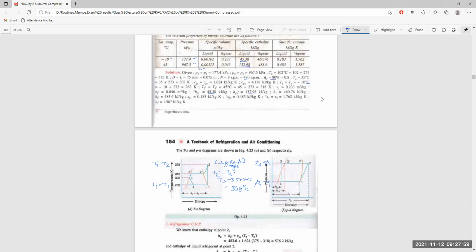H1, the enthalpy here, is exactly on the saturated vapor line, so it will be equal to the enthalpy of the refrigerant in the vapor state at temperature T1, given here as 460 Kelvin.